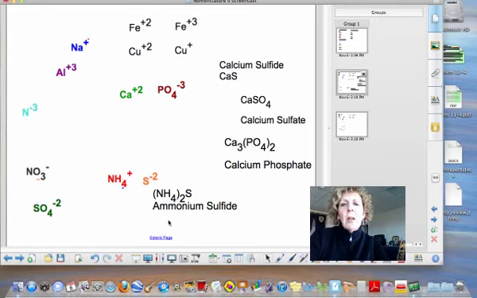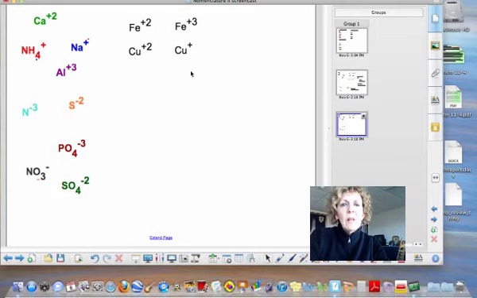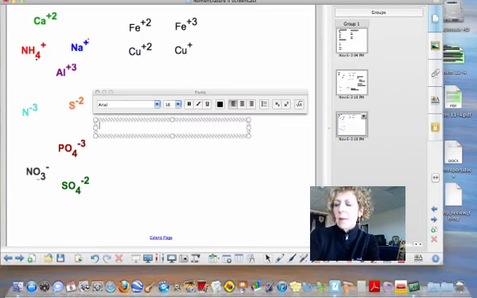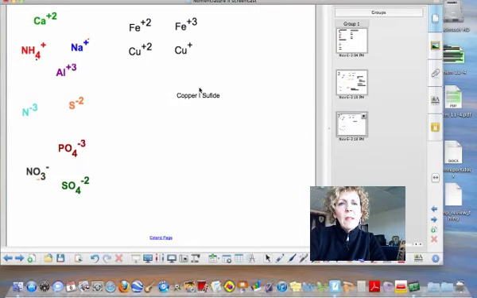Okay? Pretty cool, right? All right, so now let's see what's going to happen. Now I'm going to use some of my transition metals. And with transition metals, what you do is you use Roman numerals to tell you the charge on your cation. So for example, if I wanted to make copper 1 sulfide, okay, so here is my copper 1 and here is my sulfide, right?